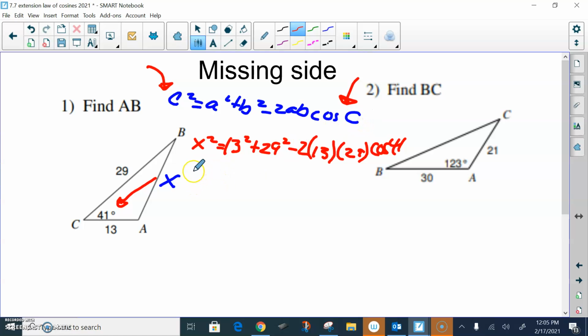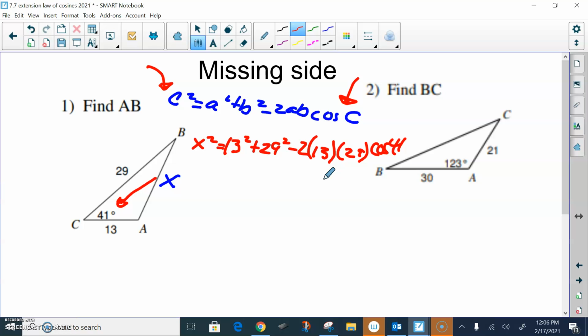So let's go ahead and simplify that. The nice thing about this, you can see our unknown is already isolated. It's over here. So I'm going to go ahead and punch this in my calculator just the way we see it. I'm going to punch it in as 13 squared plus 29 squared minus 2 times 13 times 29 times cosine of 41.